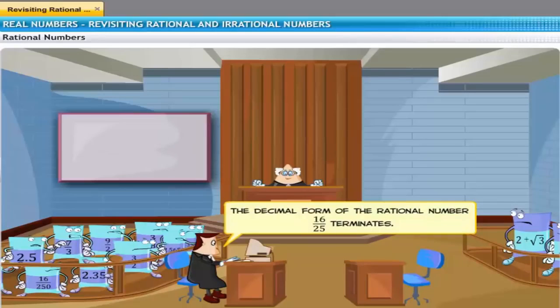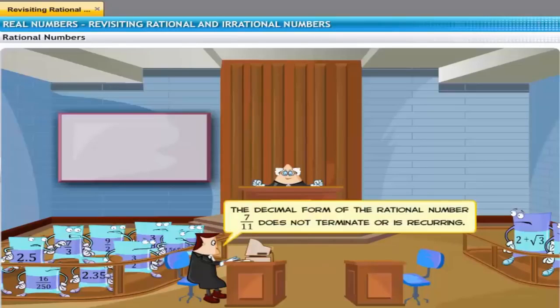The decimal form of the rational number 16 by 25 terminates or has a finite number of digits. The decimal form of the rational number 7 by 11 does not terminate. It has an infinite number of digits and is a recurring decimal number.